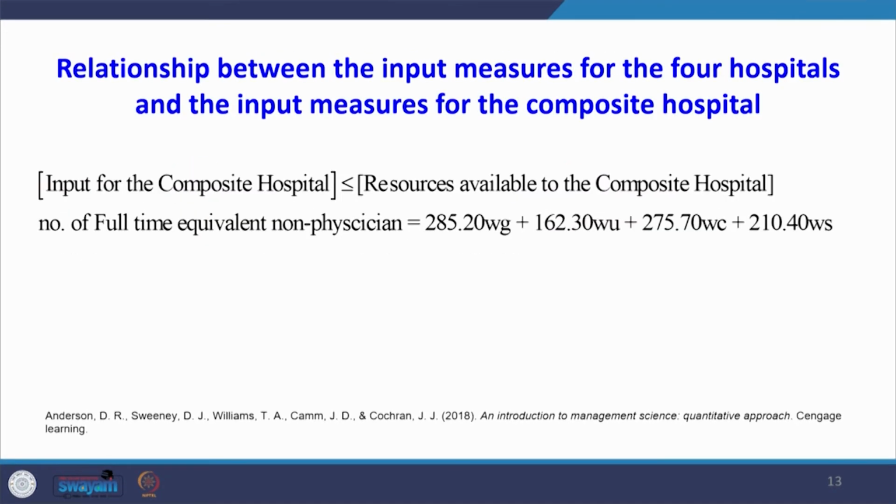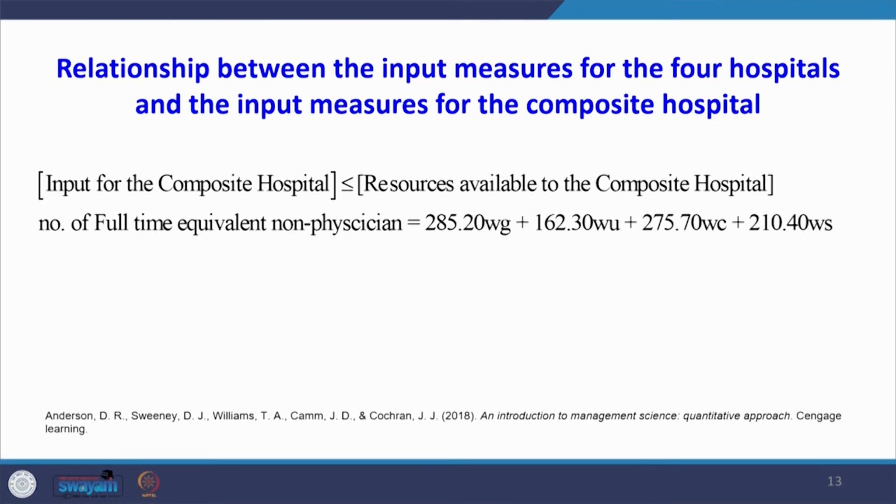Now, I am going to create another set of constraints for the inputs: the relationship between the input measures for the 4 hospitals and the input measures for the composite hospital. As I told you, the input for the composite hospital is less than the resources available to the composite hospital.